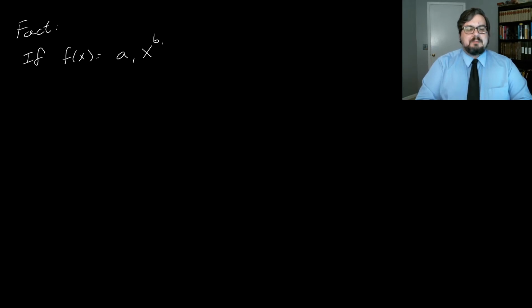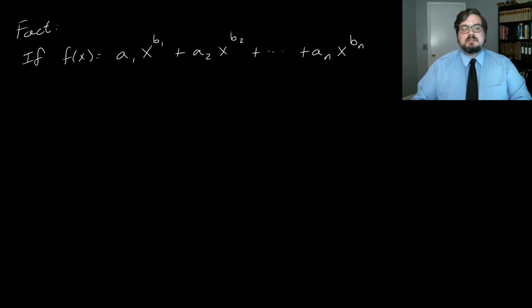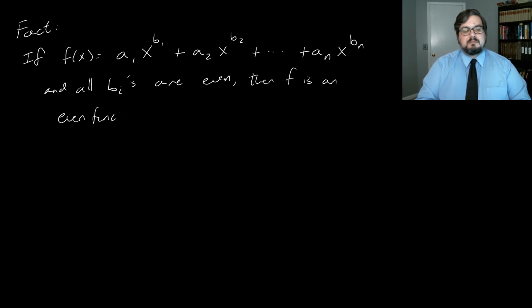If f of x equals, let's say, a1 x to the b1 plus a2 x to the b2, if the formula for f is a polynomial, something like this, a sum of a bunch of terms involving x's raised to powers, and all the bi's, all the powers on x's, are even, then f is an even function.